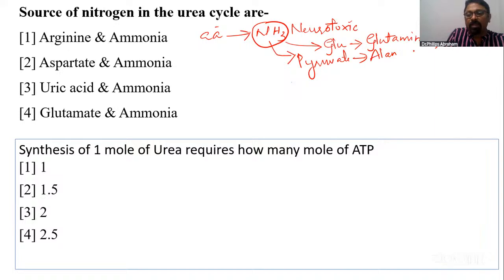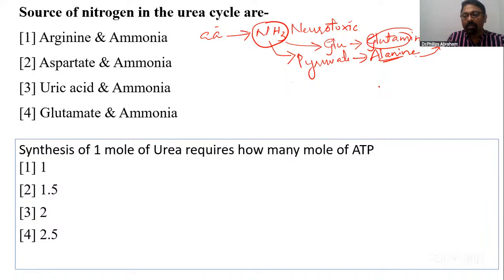Now these glutamine and alanine will be transferred towards the liver. So my first point is that the ammonia produced during amino acid metabolism is neurotoxic. The first line of defense is that it converts to glutamine in the brain and to alanine in the muscles. Then it's transferred to the liver.